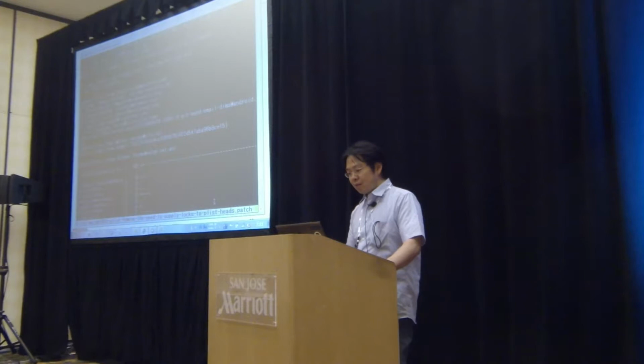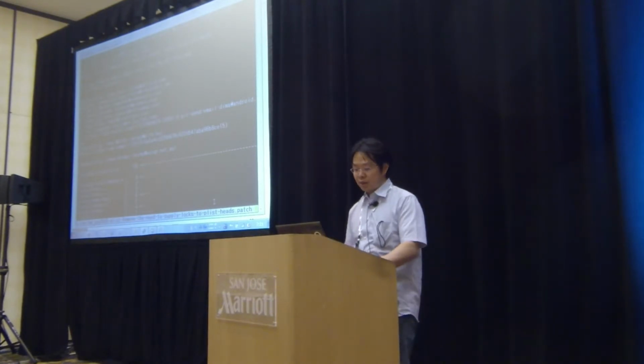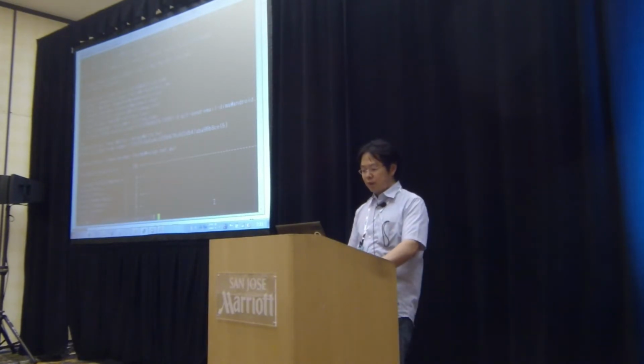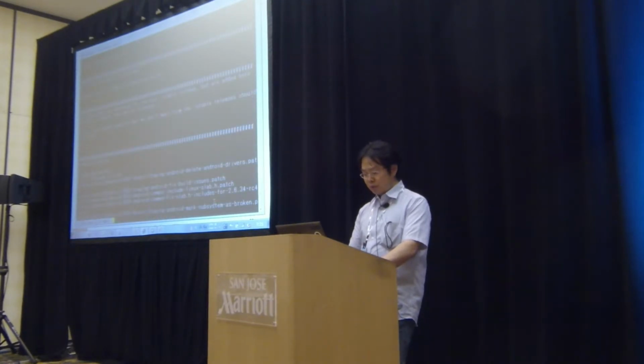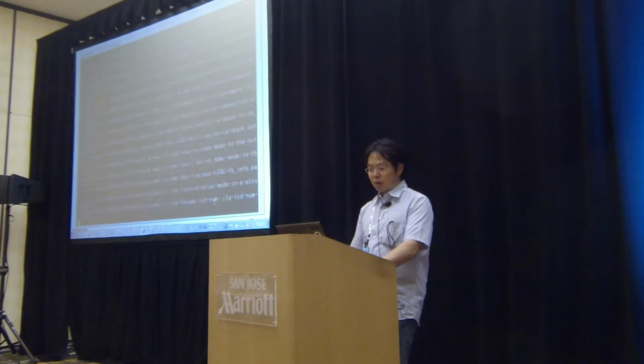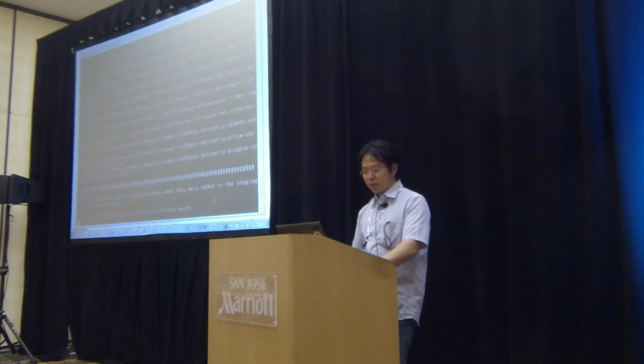But unfortunately, there are many patches that also depend on this patch in the LTSI kernel tree. So in that case, I edited the series file for 3.0. Yeah, there are lots of patches.